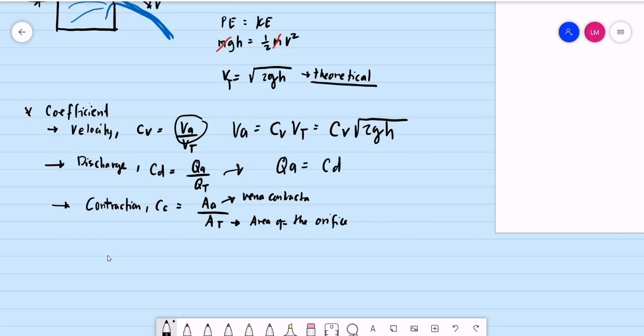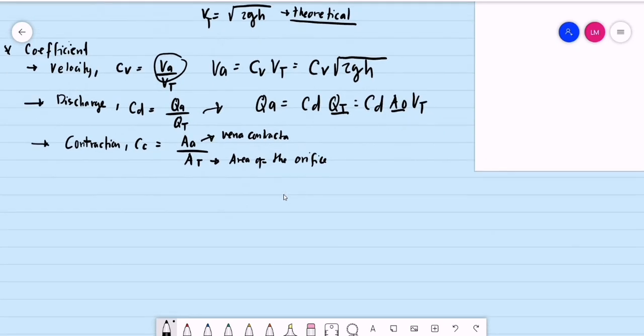That is equal to C sub d multiplied by the theoretical discharge, which is C sub d multiplied by the area of the orifice times the theoretical velocity.